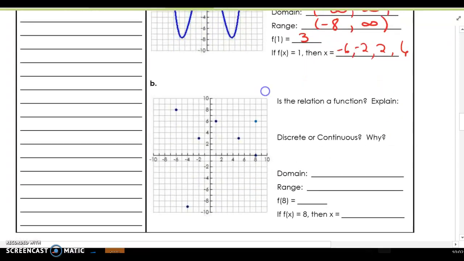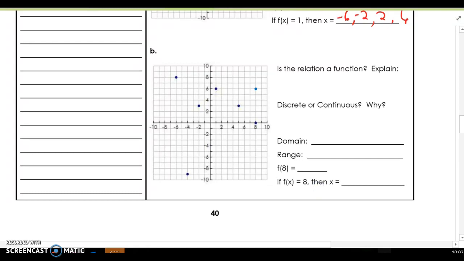Okay, let's keep going. Is this a relation, a function? So we want to see if each x value is paired with only one y value. -6 is paired with 8. -4 is paired with -9. -2 is paired with 3. 1 is paired with 6. 5 is paired with 3.